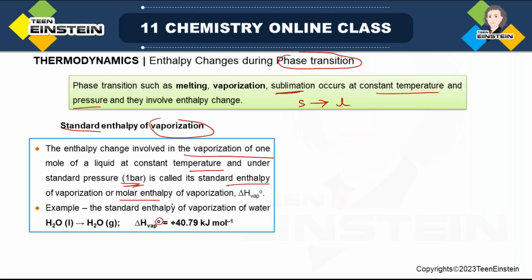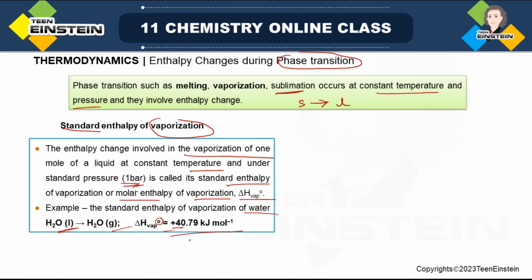It is also called molar enthalpy of vaporization because it is only for 1 mole. We denote it ΔH with subscript vap, which means vaporization, and the not sign means standard state. Just take this example of water, very simple. From liquid state, it is converted to gaseous state, and in this process this is a positive sign.